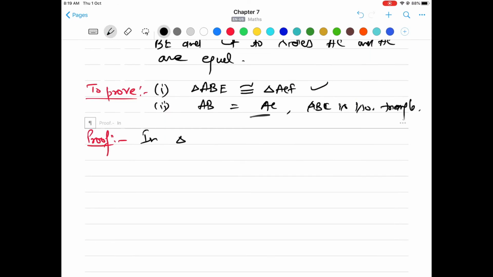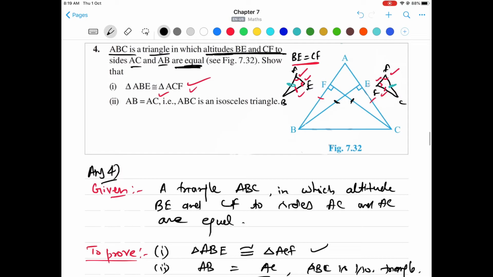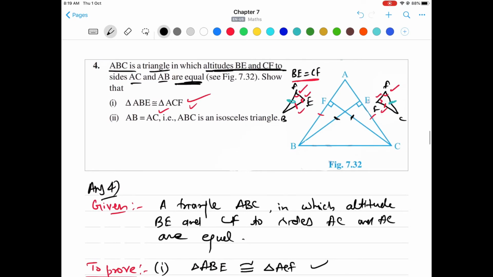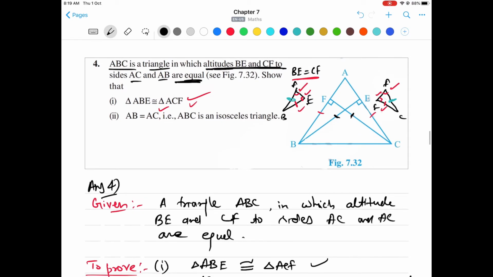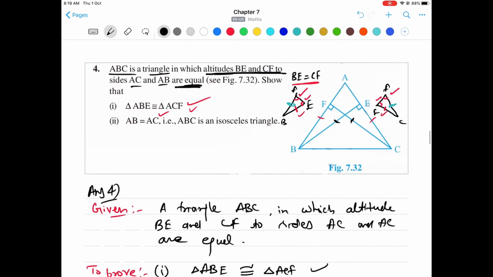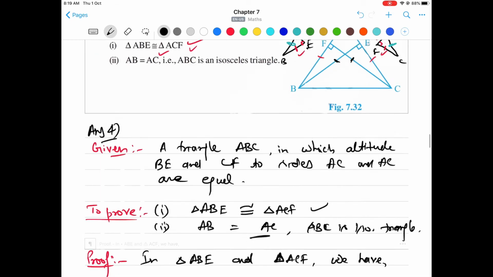In triangle ABE and in triangle ACF, we have, first we'll write, angle A is common for both the triangles.